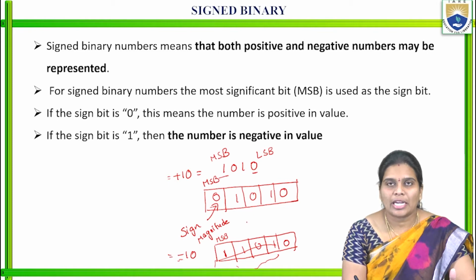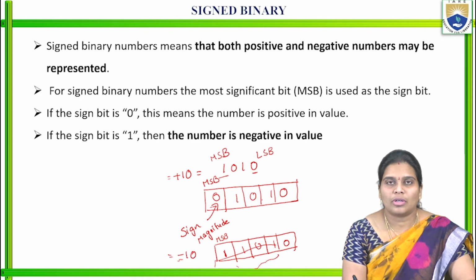If we apply complements to the signed magnitude, we are not disturbing the sign; we only apply the 1's and 2's complement to the magnitude.